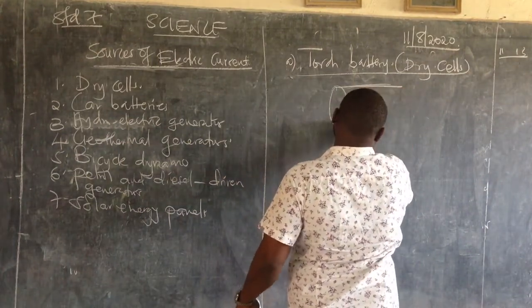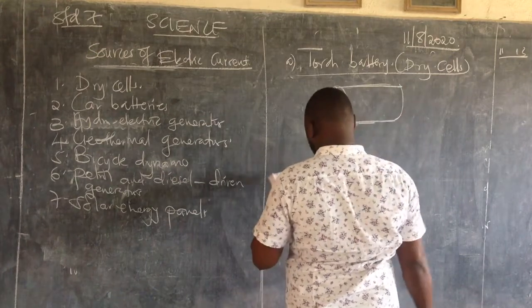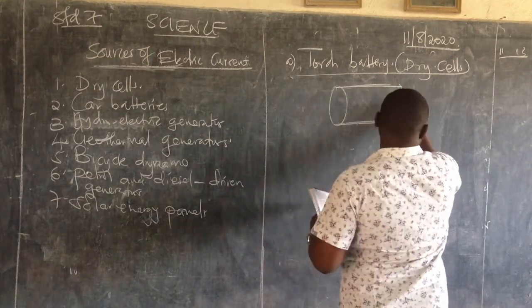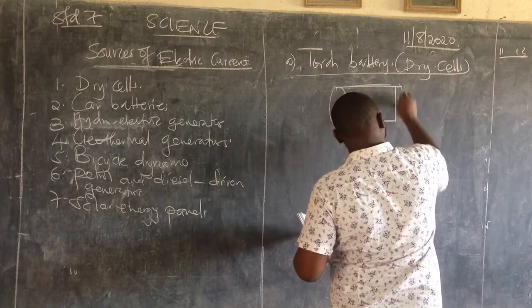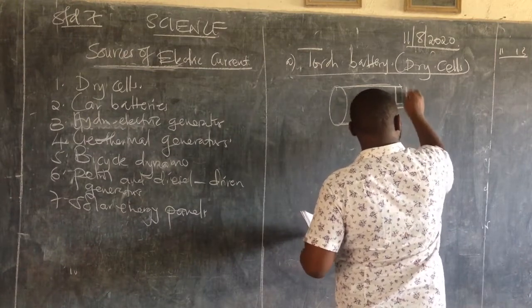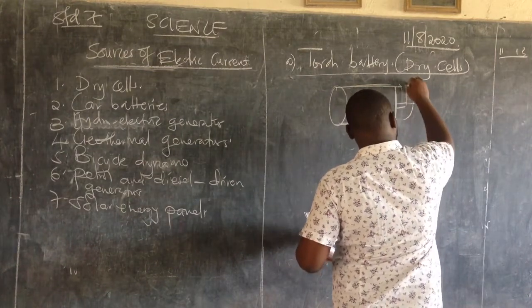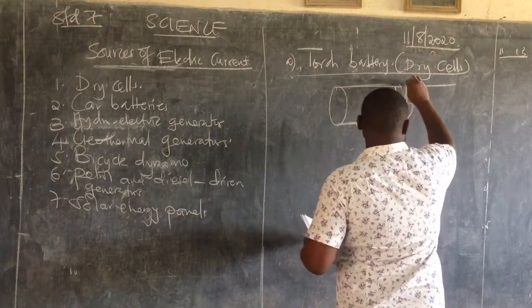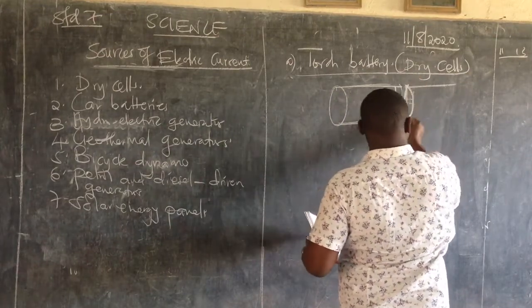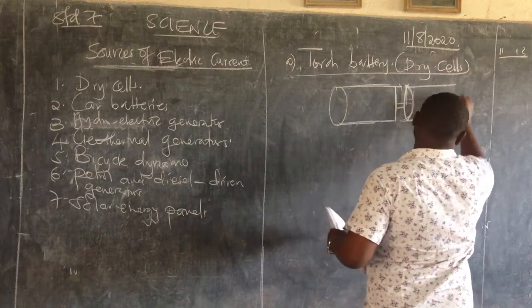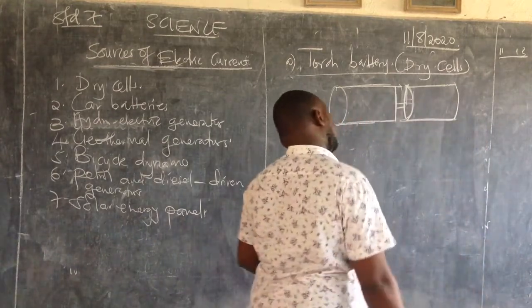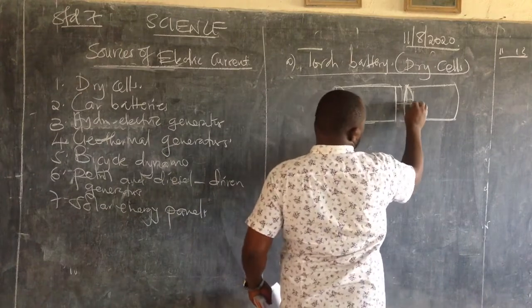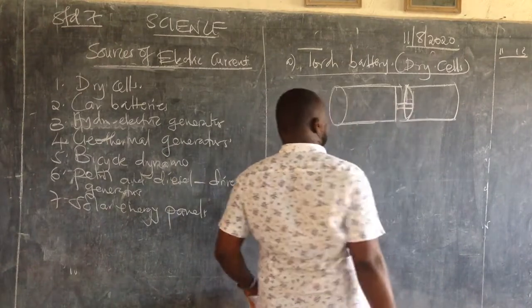This is a dry cell. So when you connect them this way, they are going to give us the current electricity. So these are two dry cells.